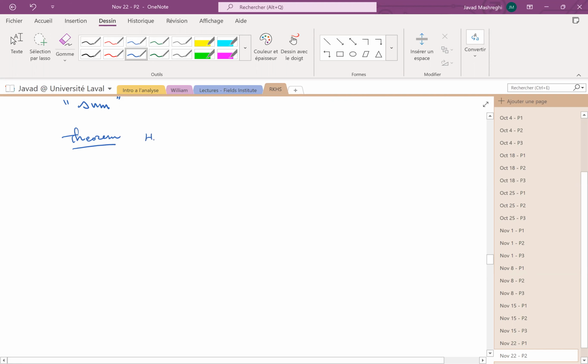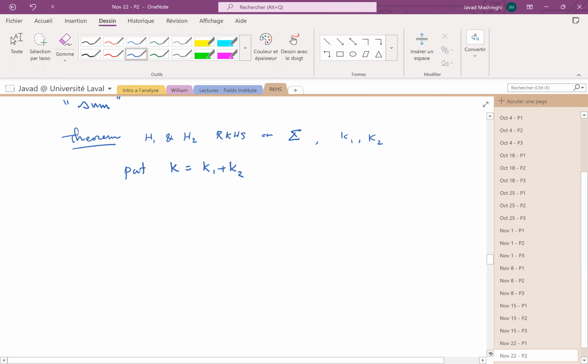Same hypothesis as before: H1 and H2 are RKHS on X with kernels K1 and K2, and put K equal to K1 plus K2.